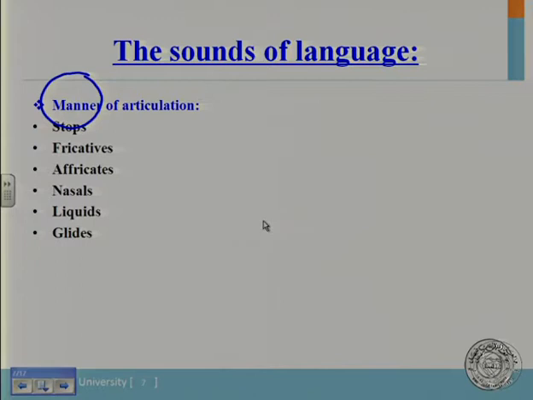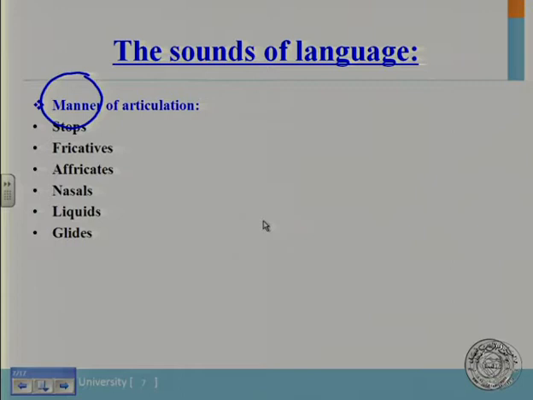When we talk about the place, we talk about the location: what parts, what articulators are responsible for producing sounds. But when we talk about the manner of articulation, we speak about the way of pronouncing sounds. What exactly happens with the air stream when it goes out of the lungs and then out of the mouth?